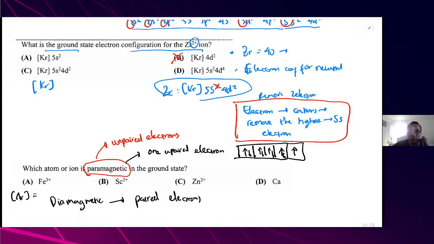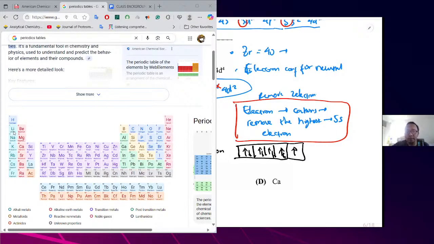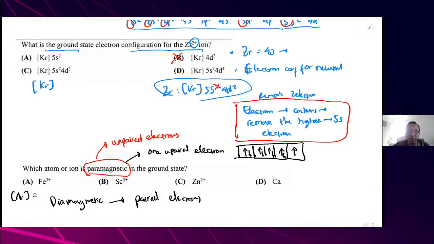Let me bring another one, Windows capture, and then select the periodic table.